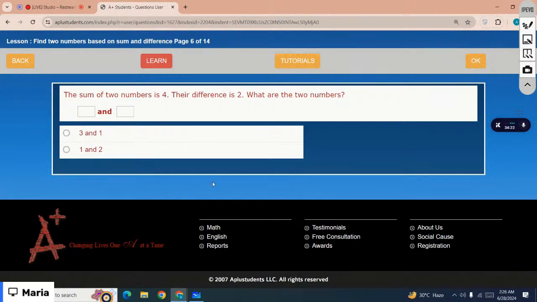The correct option is option number 1, 3 and 1. When you subtract, it makes 2, and when you add them, they make 4.